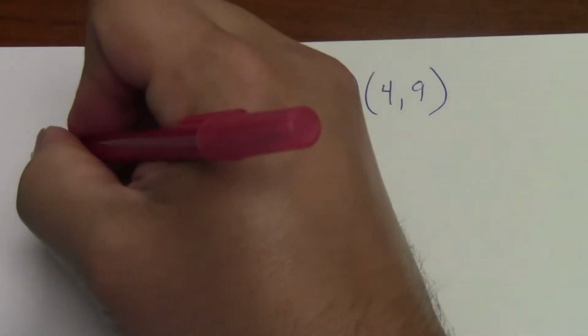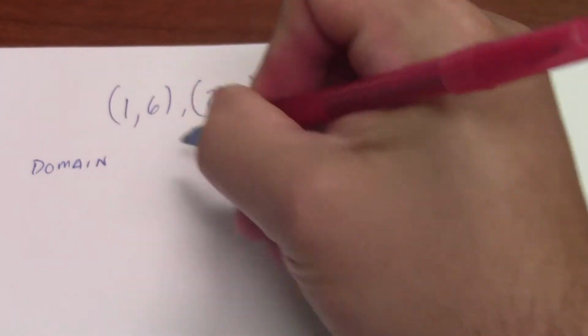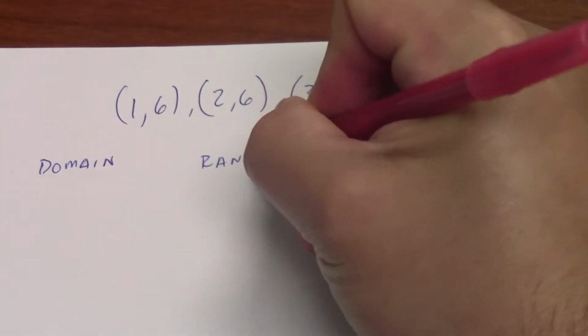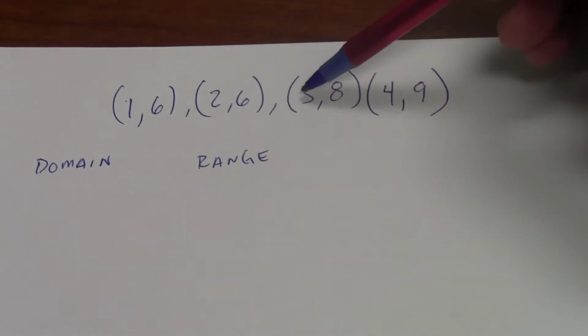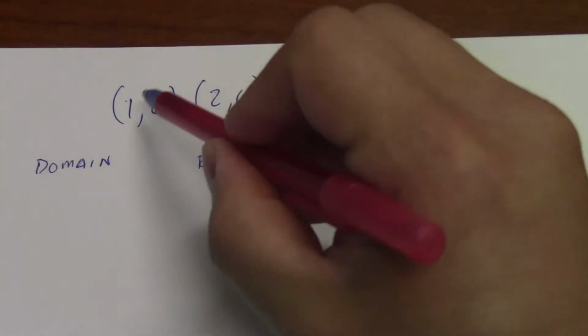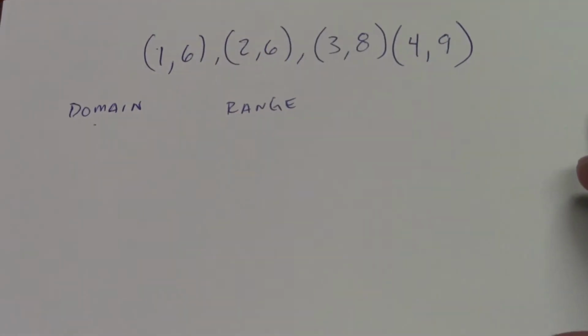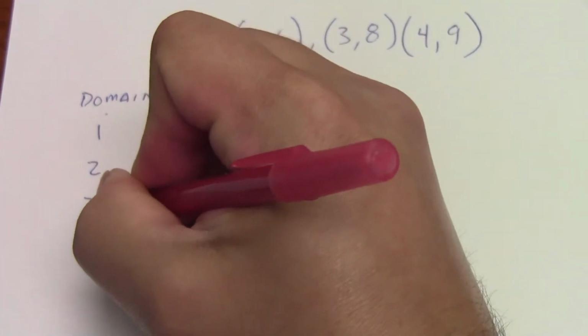All right, so remember you have domain and range. First number is the domain, second number is the range. So just label them all down. 1, 2, 3, 4.